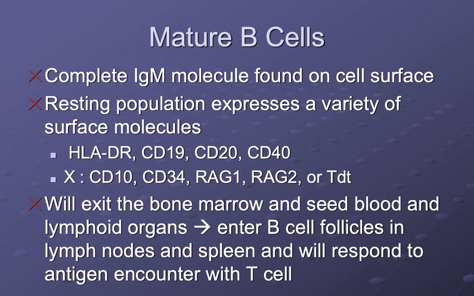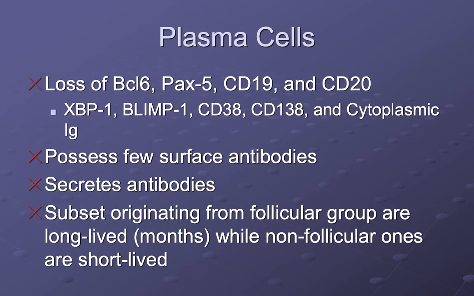Okay? So speaking of antibody production, we have our plasma cells, which are one of the potential fates of B cell differentiation. Plasma cells secrete antibodies and they have a few surface antibodies themselves. Those that arise from the follicular B cells or from the follicular region are found mainly in the bone marrow and they are long-lived, so their residence time is longer.